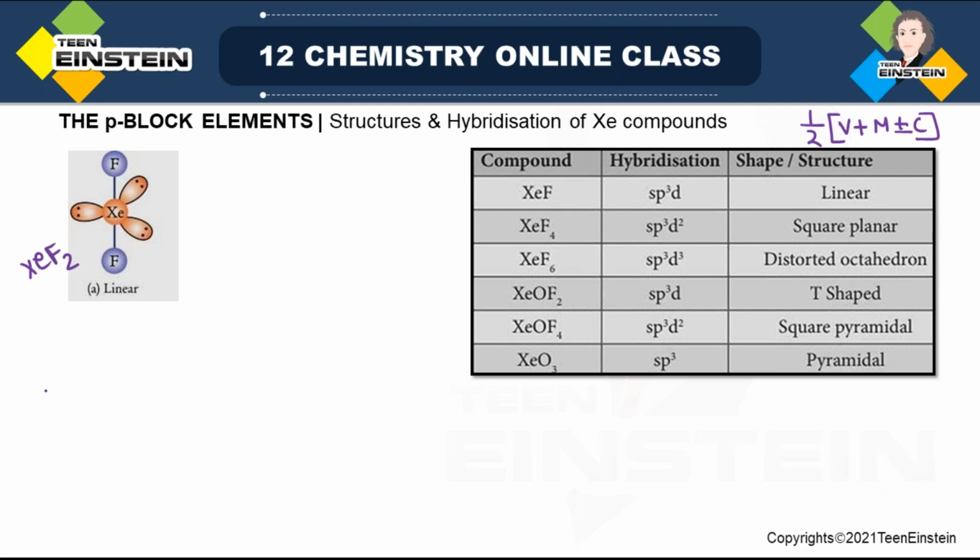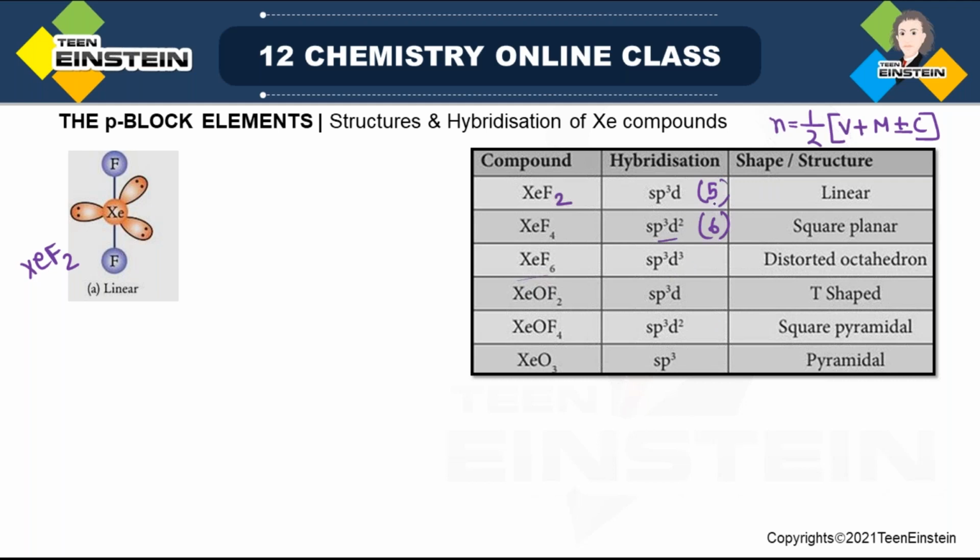It is linear. XeF2 is sp3d hybridization. Now sp3d hybridization means here the n value will be 5. XeF4 is sp3d2, that means total coordination 6, so the n value is 6.